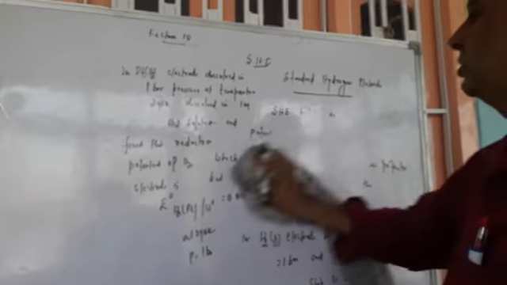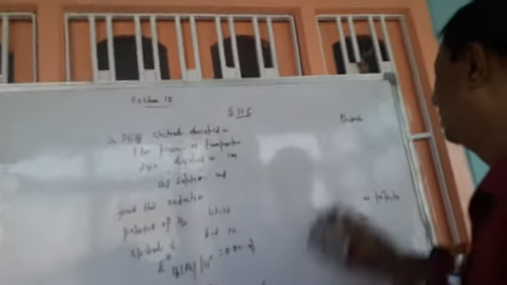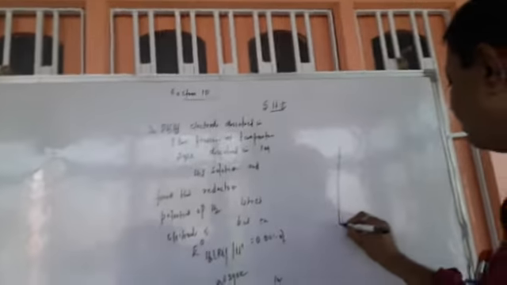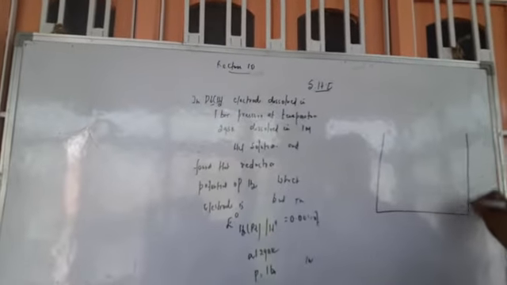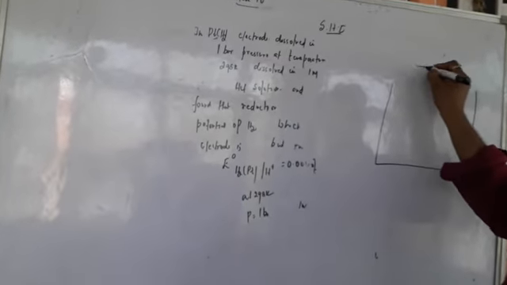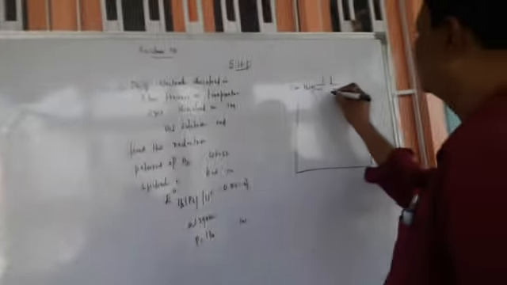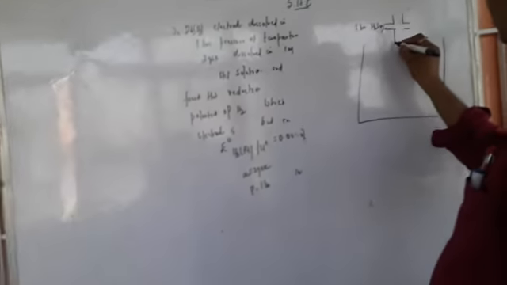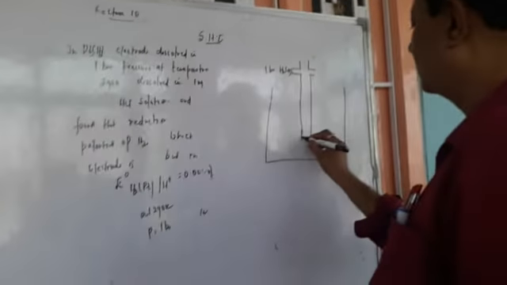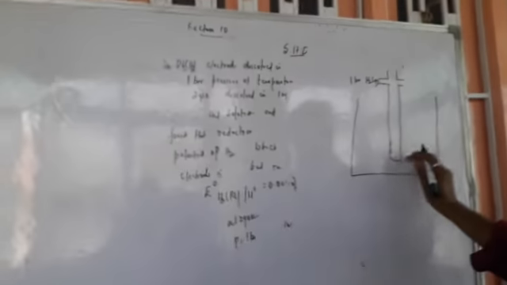In the construction of the hydrogen electrode, this is the container in which H2 gas at 1 bar pressure is passed. This is the conduction wire.